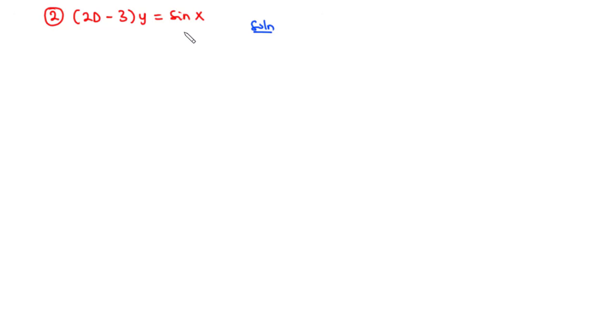Now you know the first thing we need to find is the complementary function. So given this differential equation, we can have the auxiliary equation. Let's say we have 2m minus 3 equals 0, so that we have 2m equals 3. We divide through by 2, and then we have m equals 3 over 2. Therefore, we can say that yc is equal to c1 e to the power 3 over 2 x.